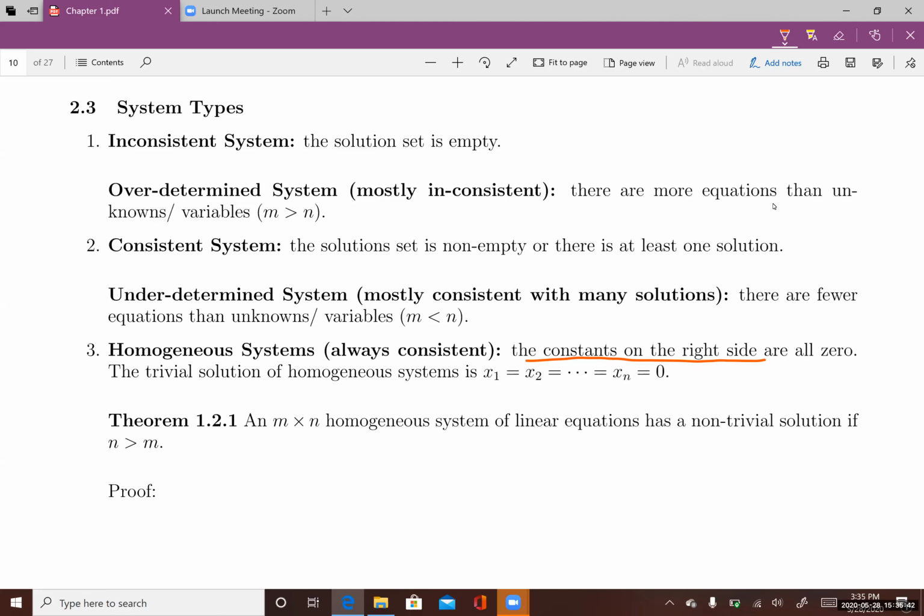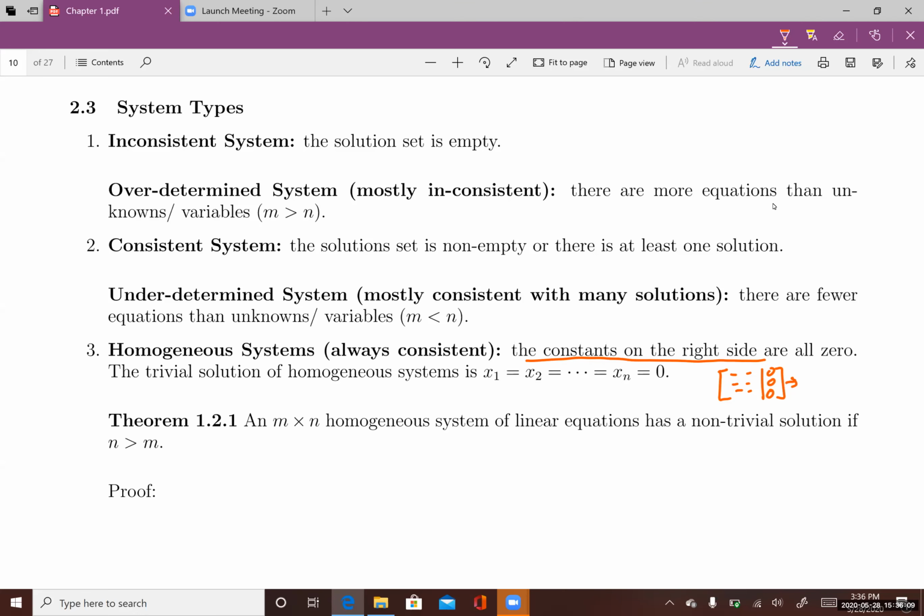So if you have a system and you convert it to an augmented matrix, and all the entries in the rightmost column of the augmented matrix are zero, that means this system is a homogeneous system.